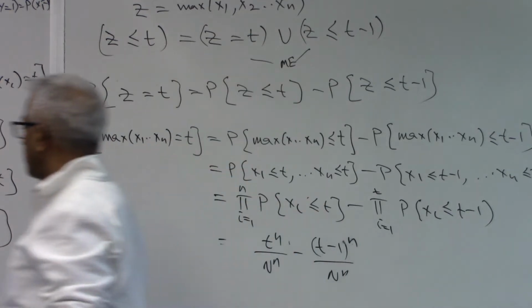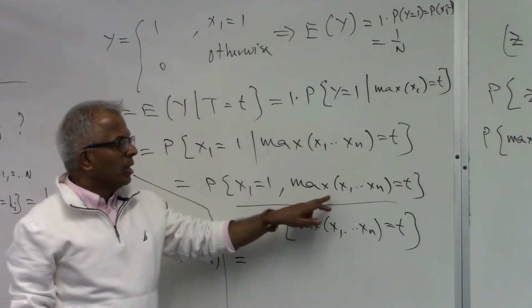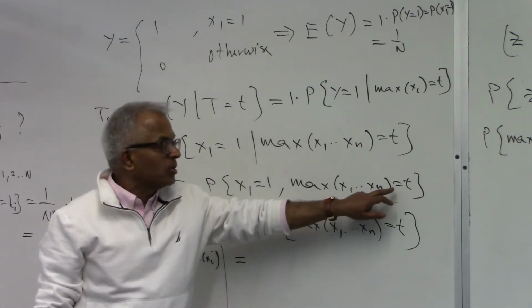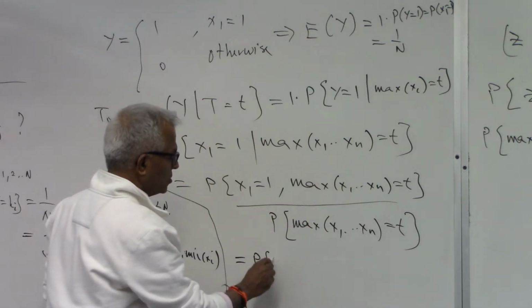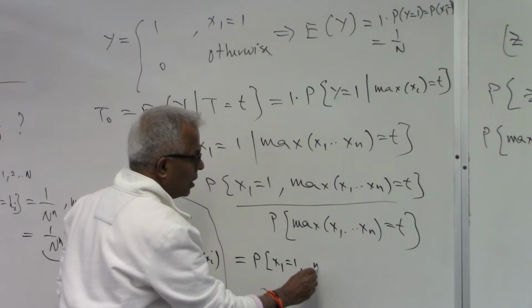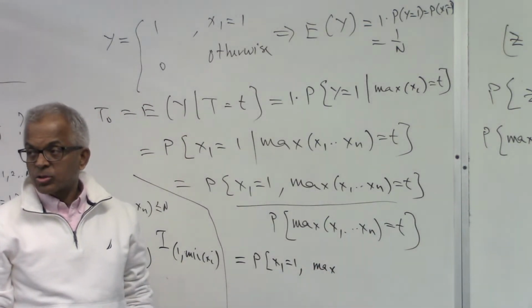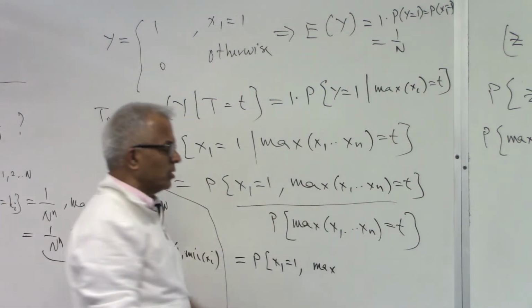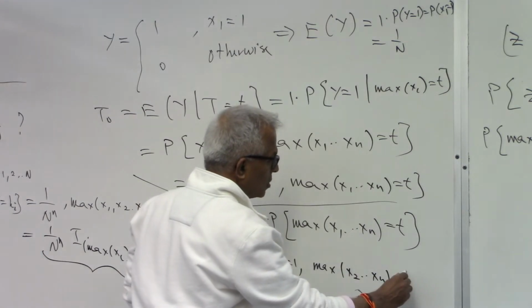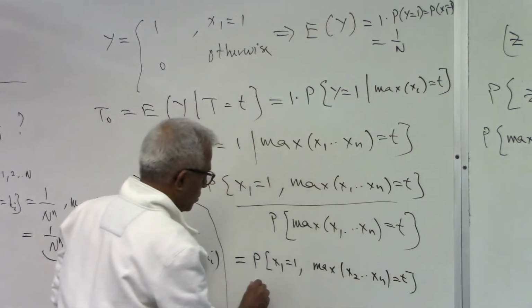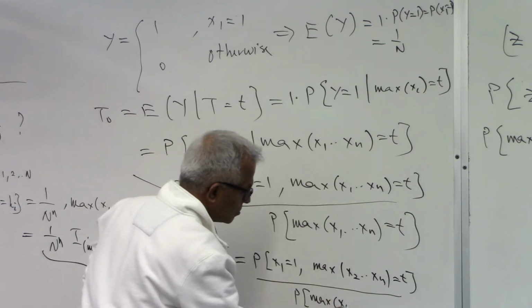So look here. This I can simplify one more step. Here it says x1 is 1 and maximum of x1, x2, etc., xn equal to t. So x1 is 1. Look at the numerator. This is the same as x1 equal to 1 and maximum of x2 through xn equal to t, because if x1 is 1, then the maximum of x2 through xn equal to t, divided by the maximum of x1 through xn.